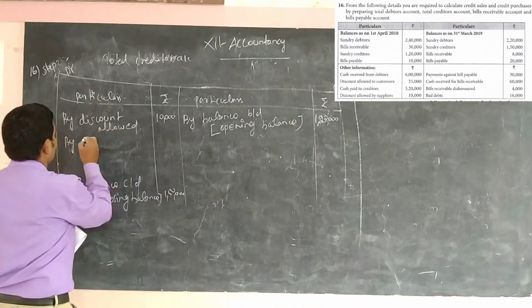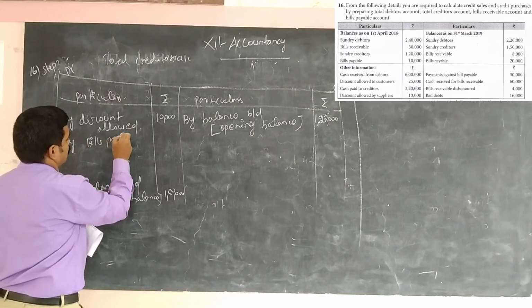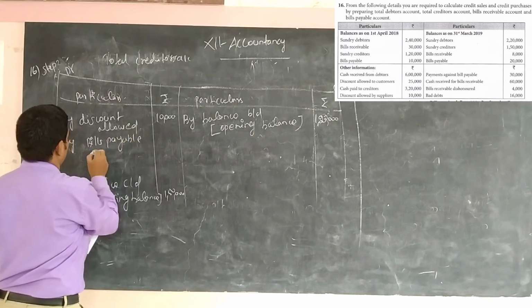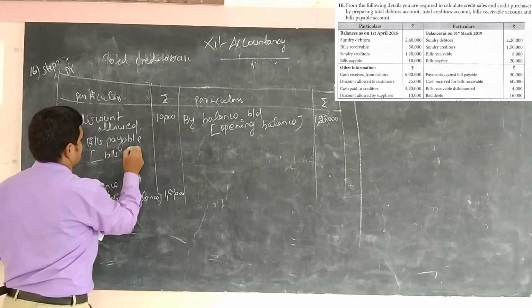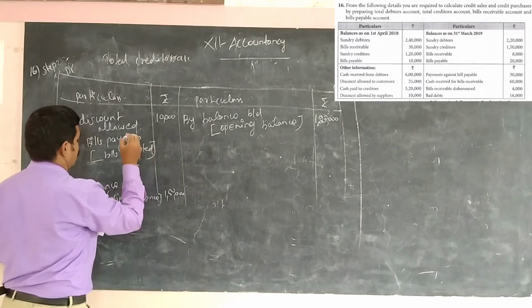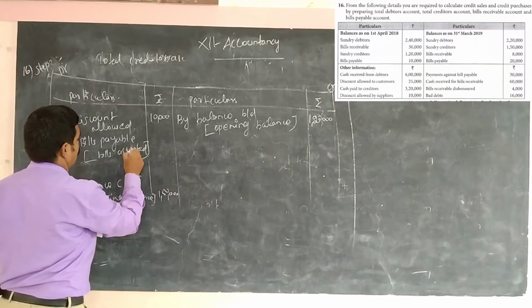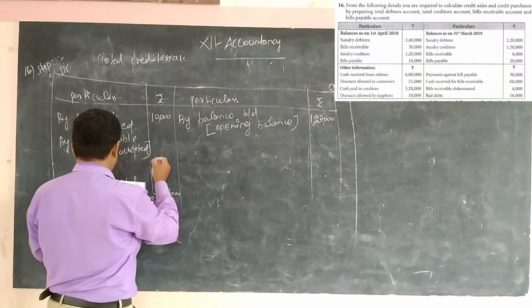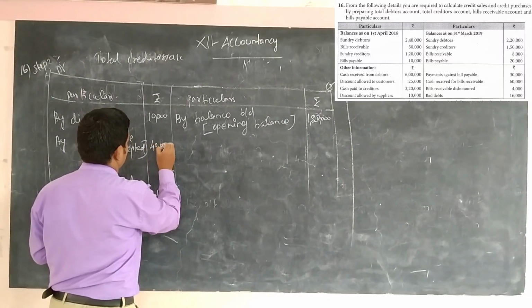Okay, so by bills payable, that is bills accepted, the amount is 40,000.